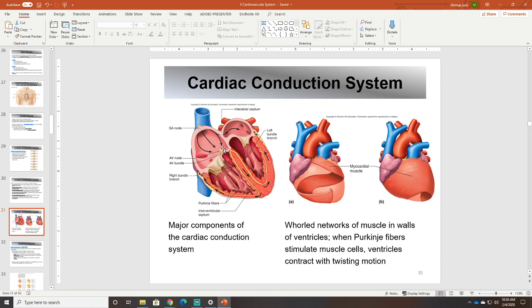The AV node depolarizes more slowly so that it can allow the SA node to be the pacemaker. If the AV node depolarized more quickly, it might take control of the system, kind of ignoring the input of the SA node, and then you would have chaos with different parts of the heart contracting possibly at the same time.